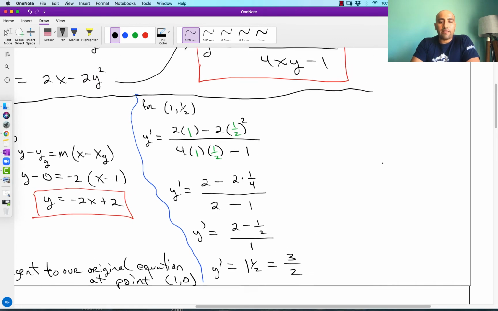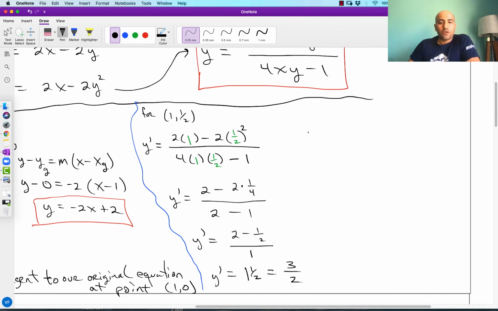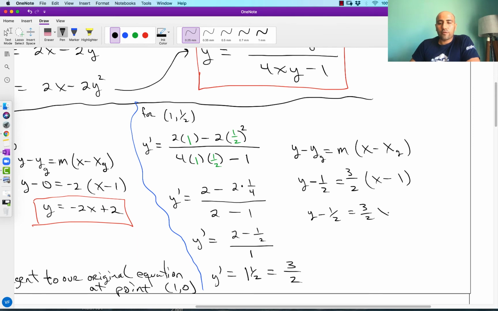So now let's find the equation of the line. We're going to go back to using y minus y sub given equals m times x minus x sub given. Except now in this case, we're going to use 3 over 2 for the slope. So y minus 1/2 equals 3 over 2 times x minus 1. Good. So solving for y, we get y minus 1/2 equals 3 over 2x minus 3 over 2.